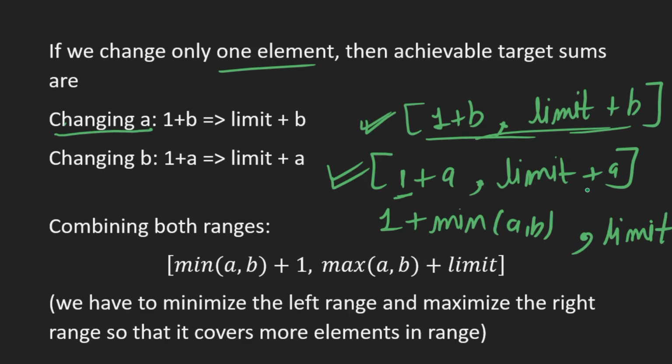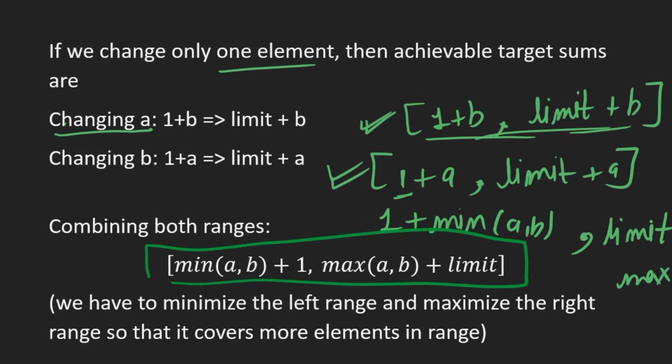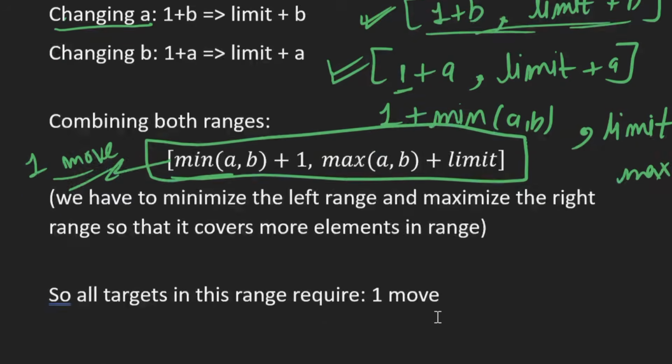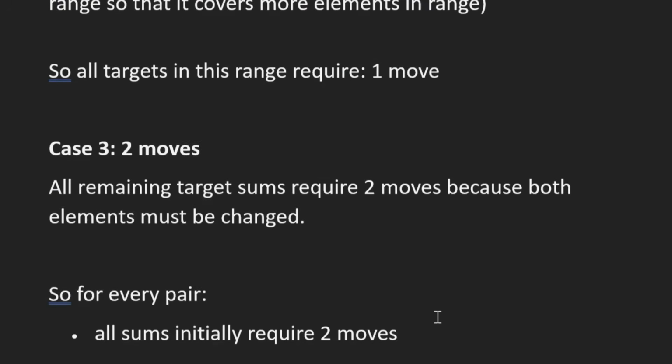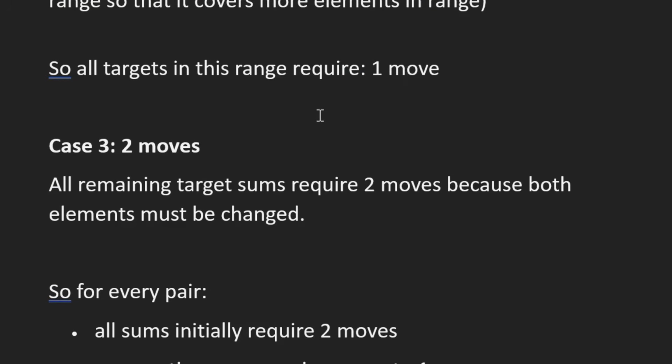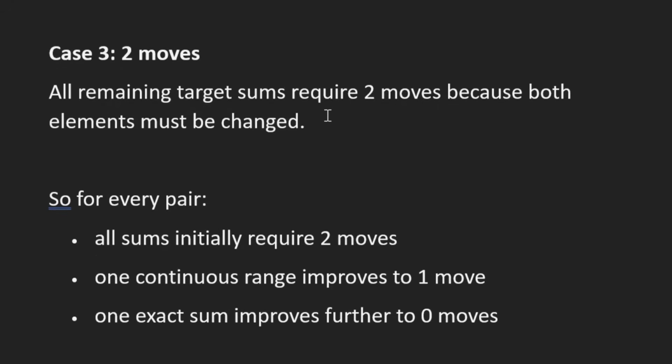So we take maximum of a comma b. So this is the range of the sum that requires only one move, that is we need to change either a or b, right? So all the targets which are present in this range require only one move.